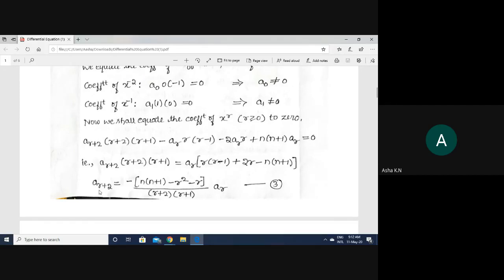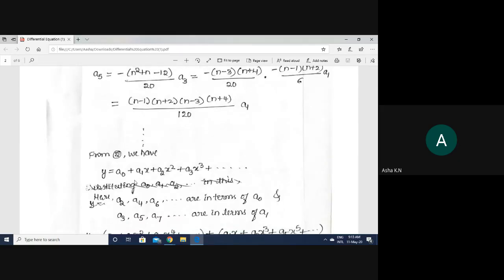So if it is an nth degree polynomial, with x power n, then a3 we can write in terms of a5, a5 in terms of a7, using this formula. We can do that also.